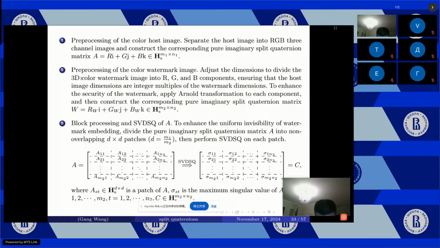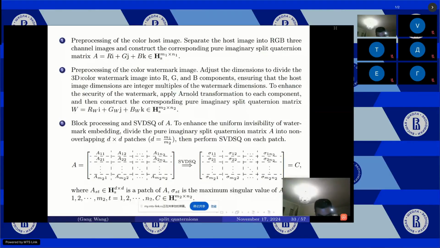Following the preprocessing, we divide the split quaternion matrix of the host image into non-overlapping patches and perform SVD-SQ on each patch. We then extract the maximum singular values from all patches to form a matrix, which is linearly combined with the watermark at a specified strength.